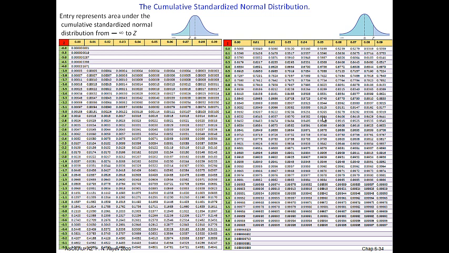And we find something like this, 0.9505. If you show this 1.65 here, the probability of z being less than 1.65, that is this area, equals 0.9505.